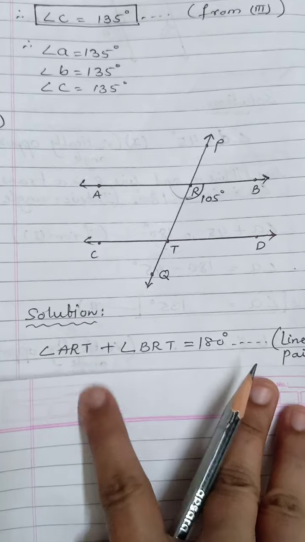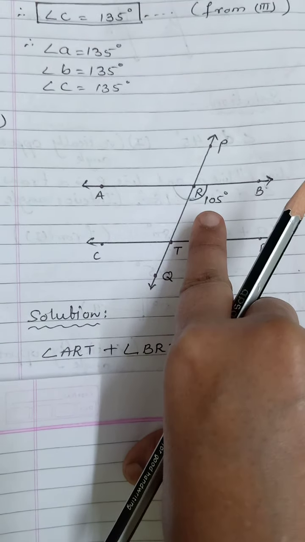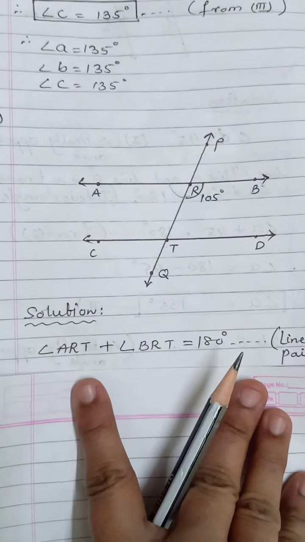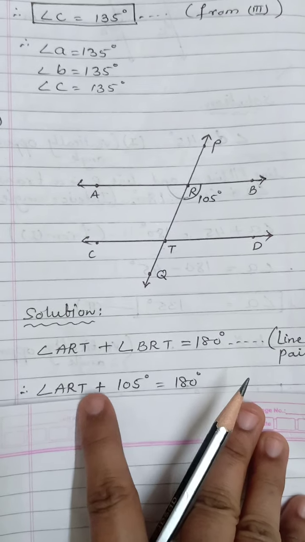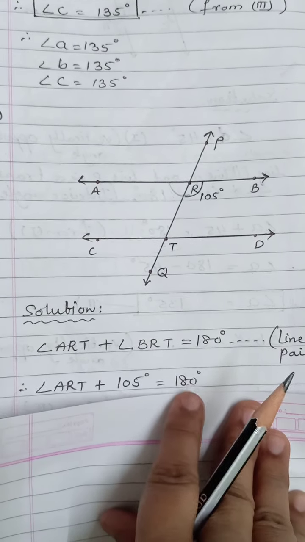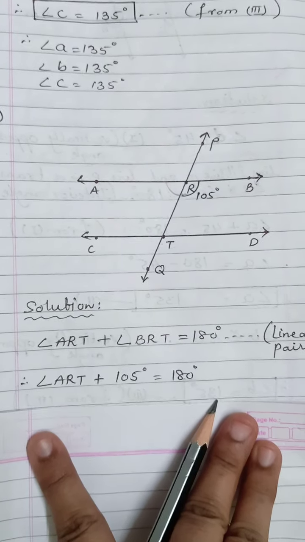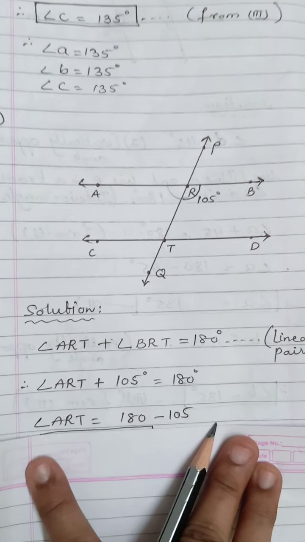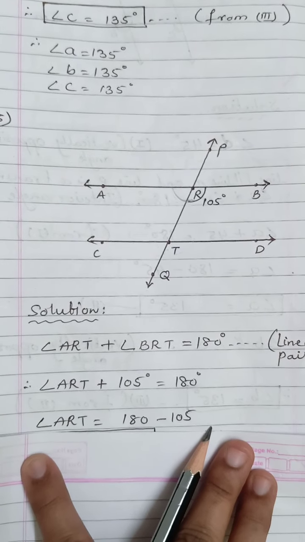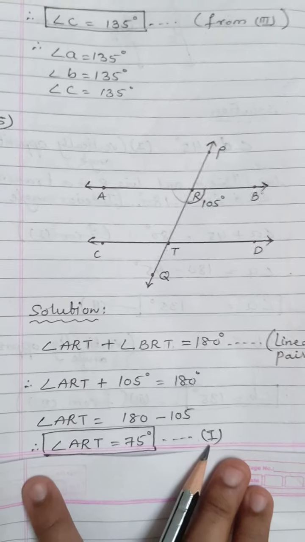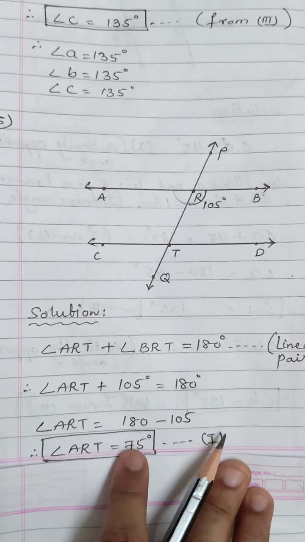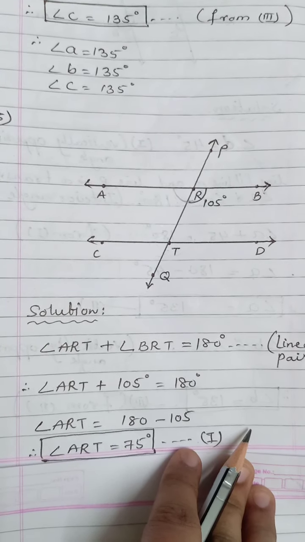Now the value of angle BRT is 105, it is already given. So we'll apply that value. Now plus 105 we will take on the other side, so it will become minus 105. Now 180 minus 105 will be 75 degrees. So angle ART we have got as 75 degrees and I have given it equation number 1.